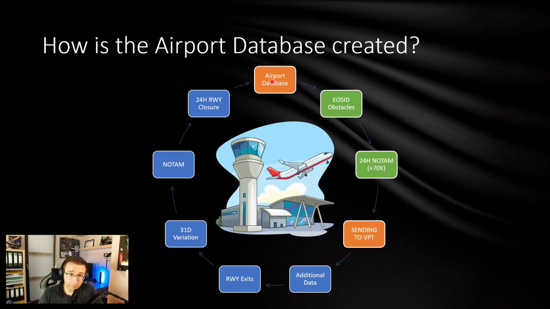We also generate our own runway exits that are not present in the provider database. So this is something really VPT specific. As I said, we added the variation of where the airport is located, and for that we have a 31-day monitoring system for the variation.